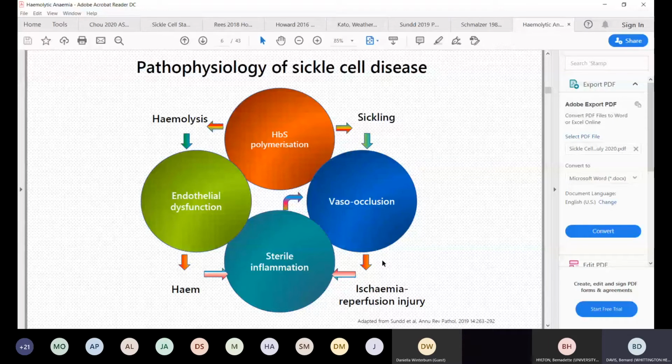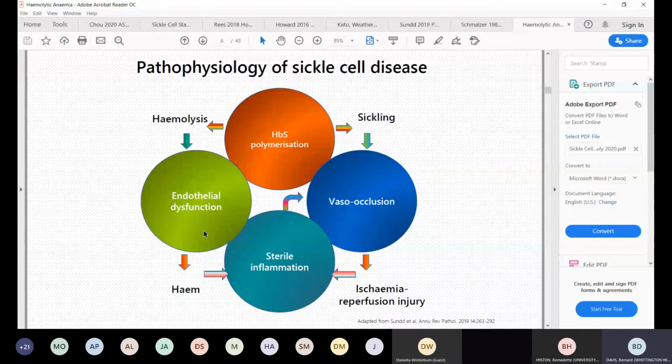Vaso-occlusion has various consequences, including reperfusion injury. Sickle hemoglobin polymerization also causes hemolysis, and therefore sickle cell disease is a chronic hemolytic disease. Hemolysis, as well as other factors, results in endothelial injury.